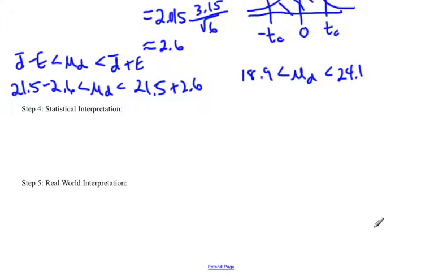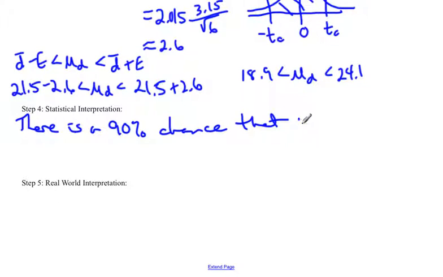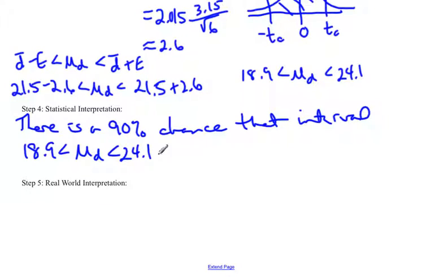Then we can get a statistical interpretation. The statistical interpretation is there's a 90% chance that the interval 18.9 is less than mu sub d is less than 24.1 contains the true mean difference.